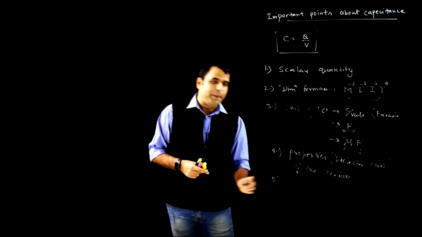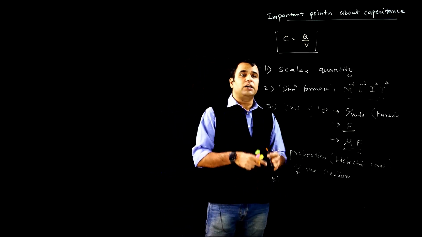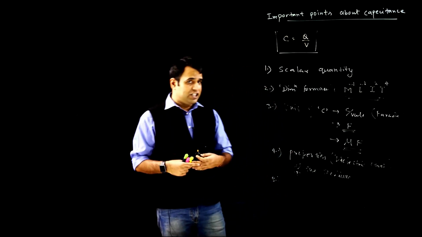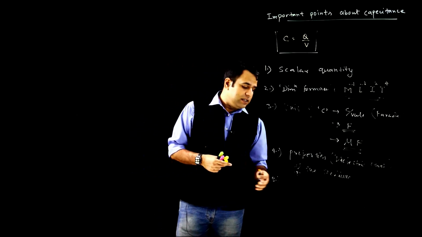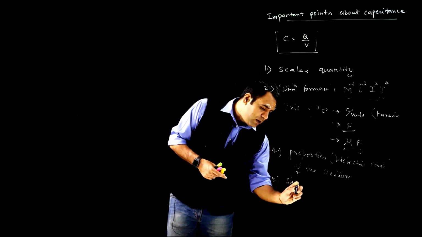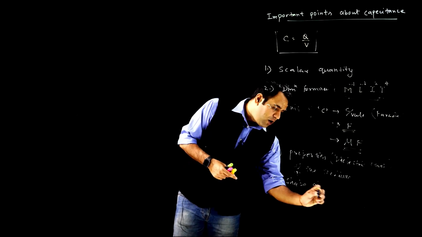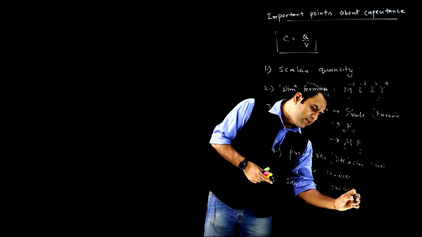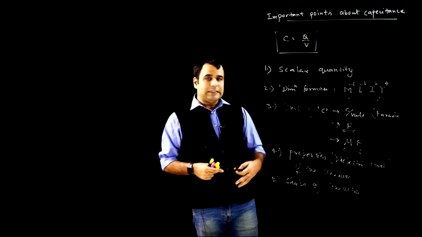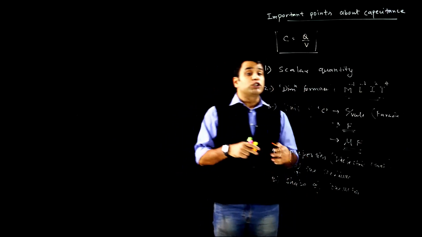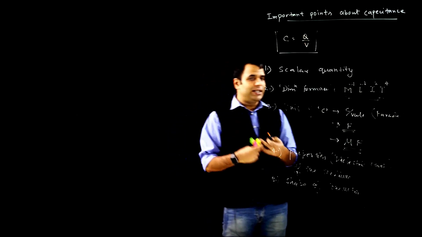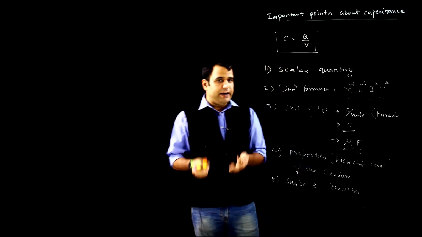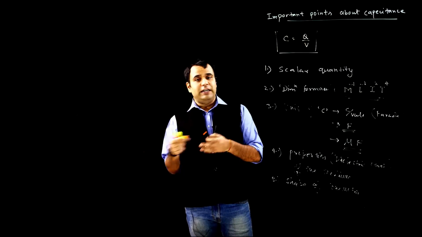It also depends upon the dimension of the conductor, which is holding the charge, or the shape of the conductor. It can be an insulator as well, but it depends upon the shape of the body which is going to hold that charge. So if the body is spherical, its capacitance will depend upon that.